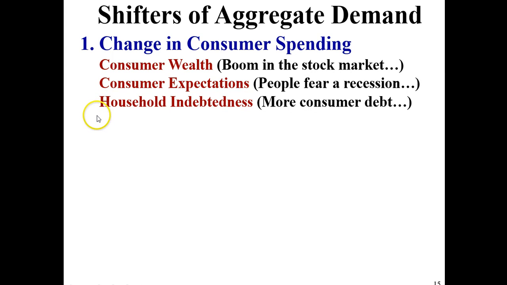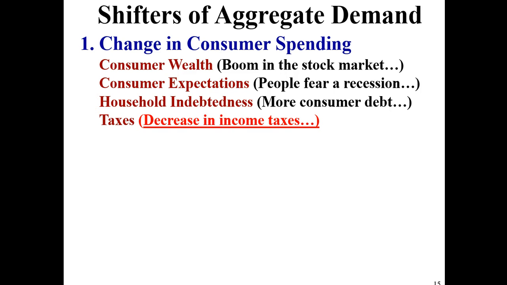Household indebtedness is a part of what determines consumer spending. Households that hold more consumer debt tend to be more careful about their consumer spending, even though it doesn't seem like they would be. That's a pretty typical thing, that the more consumer debt held, the less likely a household is to spend currently. And so they're going to decrease aggregate demand as consumption goes down.